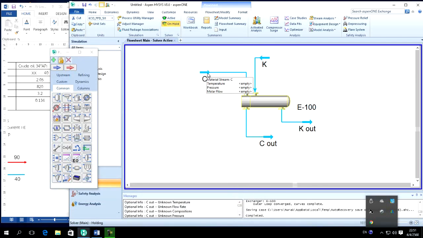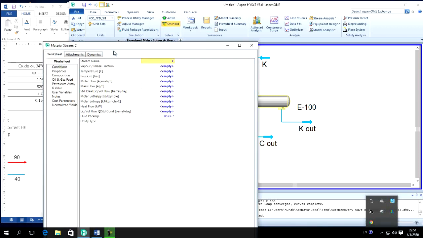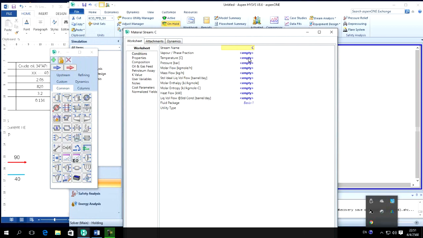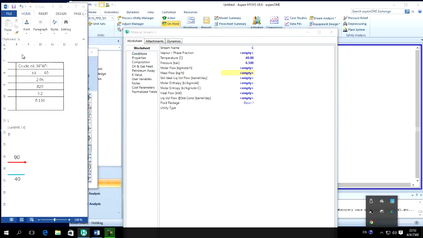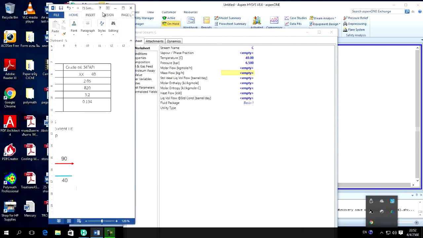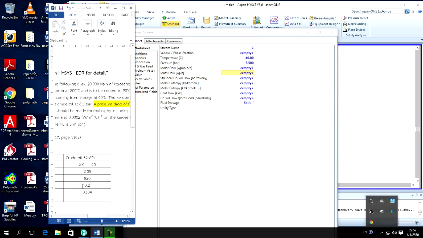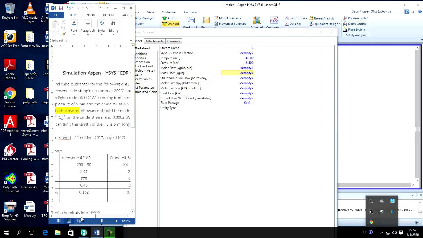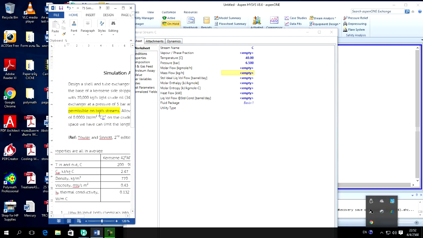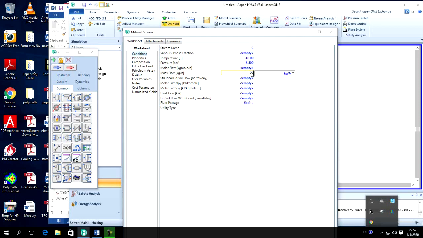Then I have to complete the input information of the crude oil. The crude oil starts at 40 degrees Celsius, 6.5 bar, and the flow rate is 70,000 kilograms per hour.